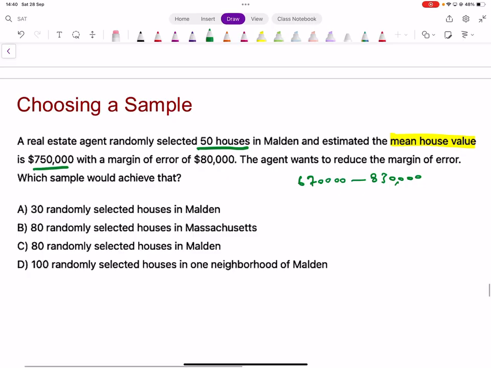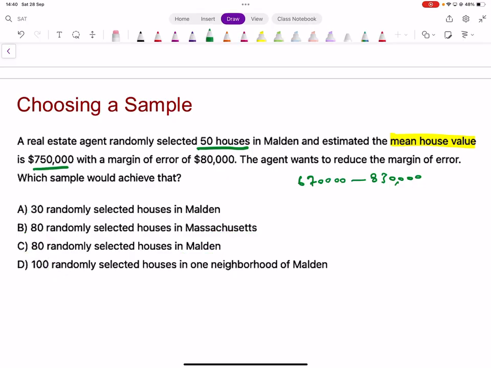Now you want to reduce this margin of error. How can you reduce the margin of error? They're saying select 30 randomly selected houses in that city, 80 randomly selected houses in some other city, 80 randomly selected houses in Malden and 100 randomly selected houses in one neighborhood of Malden. What do you think?